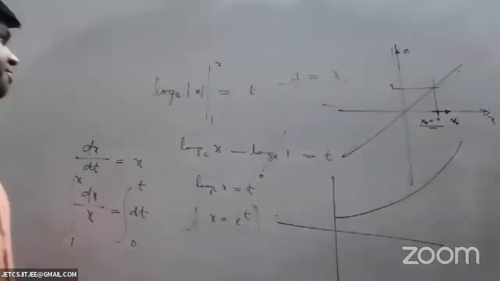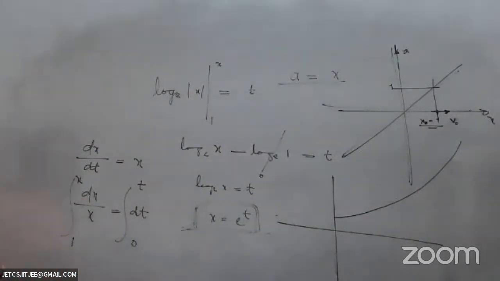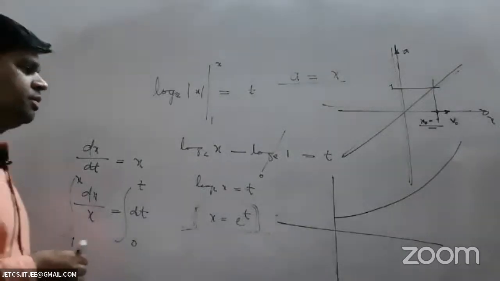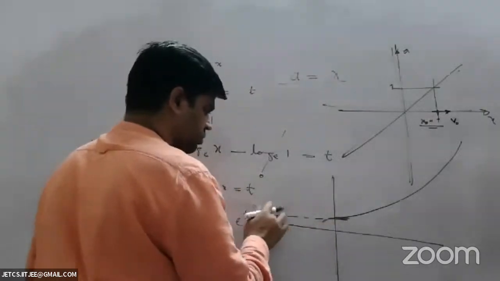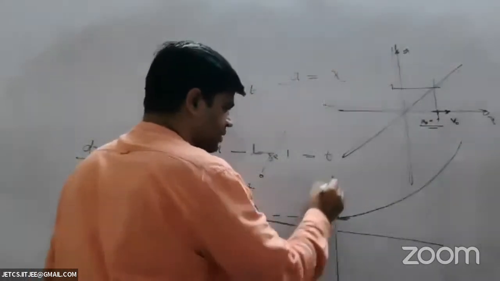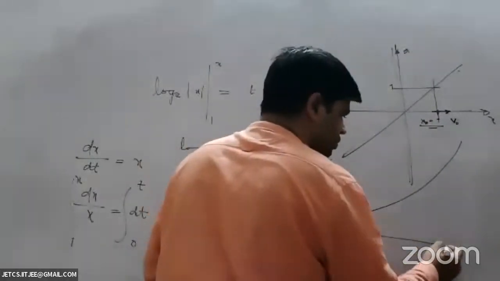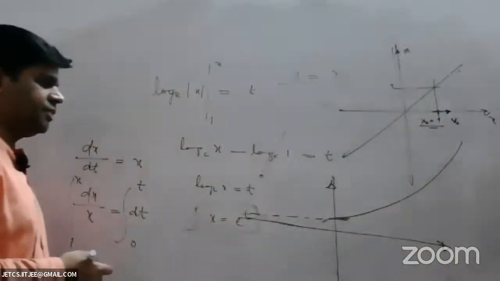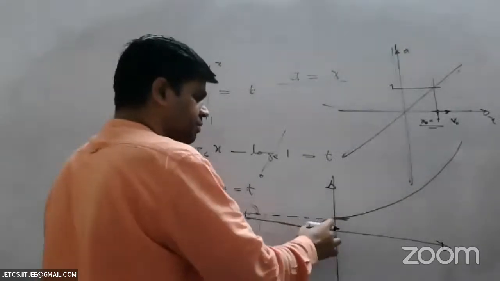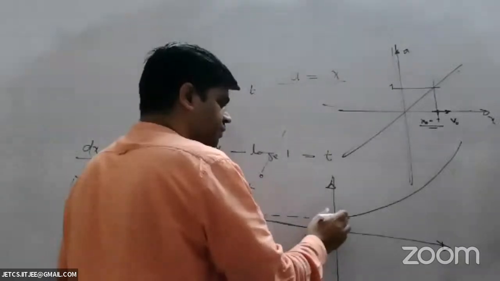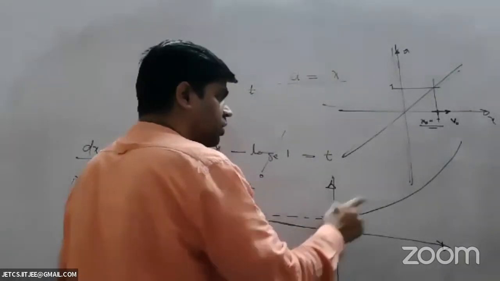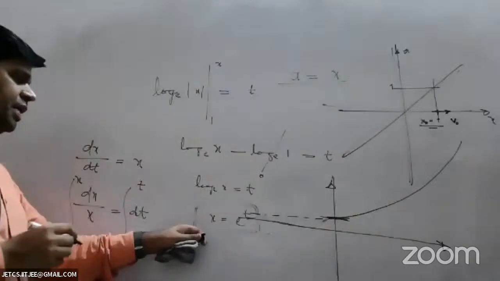So I got position as a function of time. I'll draw this dotted because it's the past. We have never talked about the past, we will talk about it later. But as of now, the future of the particle is from t equal to 0 till t is equal to infinity. The particle is going away from the origin, away from point 1, x is equal to 1.